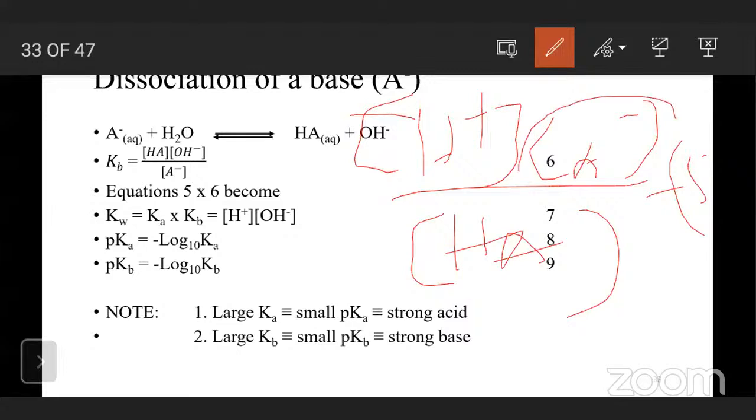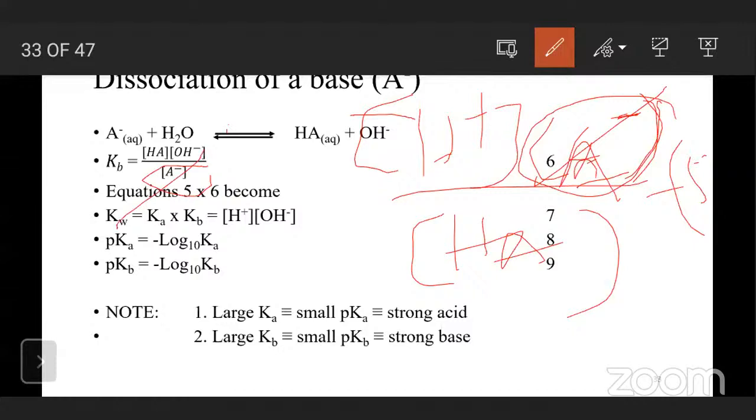We have A raised to power minus 1, that's the anion, A minus. We have the concentration of A minus for equation 5, and for equation 6, we also have that A minus, but it's in the denominator. So this numerator cancels this denominator, and that goes away.